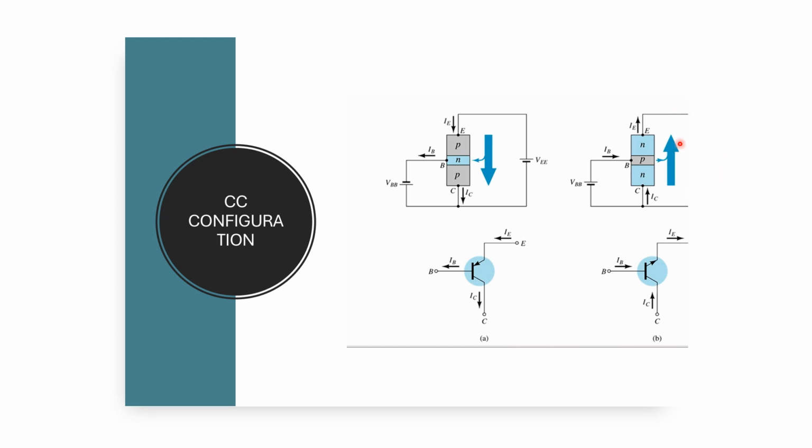So positive to negative. Here the circuit connection is: IE leaving from positive, entering towards the negative. The arrow mark is entering, this is negative, positive, opposite to the PNP transistor.